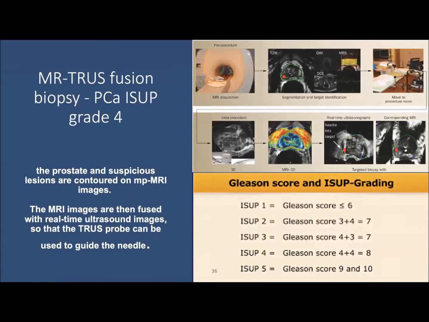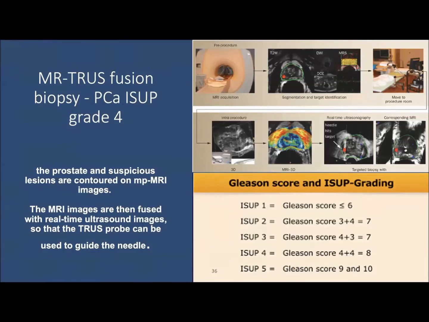Now, I think this is one of those cases in which we have very subtle MR changes. And these are patients who are well suited for transrectal ultrasound MR fusion biopsy.